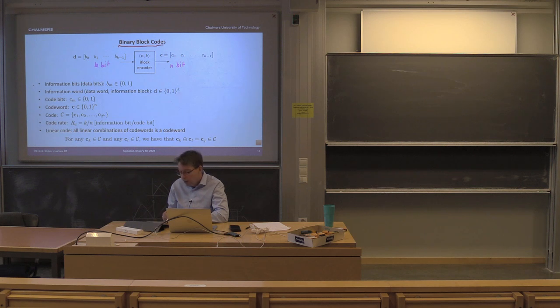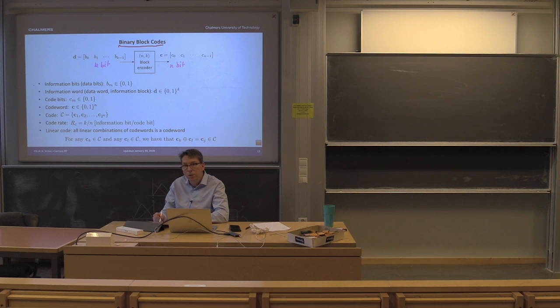The code word is what we get out, and that's a binary vector, 0, 1, and has n elements. So it's an n-element binary vector. The code is the possible outputs. So how many outputs can we have? Well, how many inputs can we have?